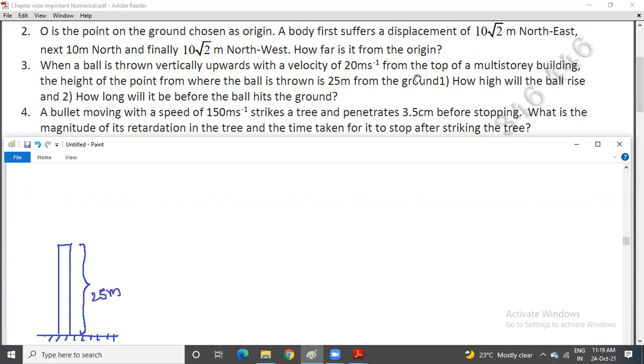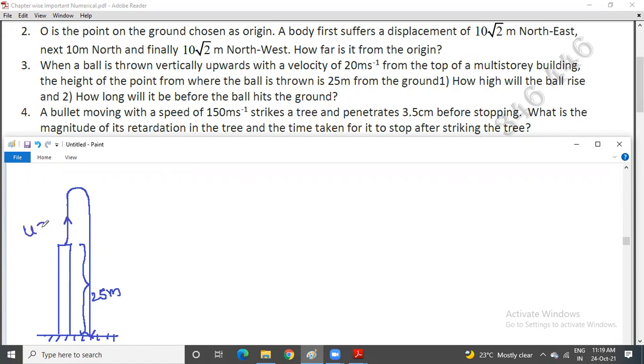So the ball is thrown with 20 upwards from the top of the multi-storied building like this. So what happens? It definitely goes to some height. Again, it follows the same path, but for the sake of understanding, we draw the diagram like this, and finally it reaches the earth. But it follows along the same path only.